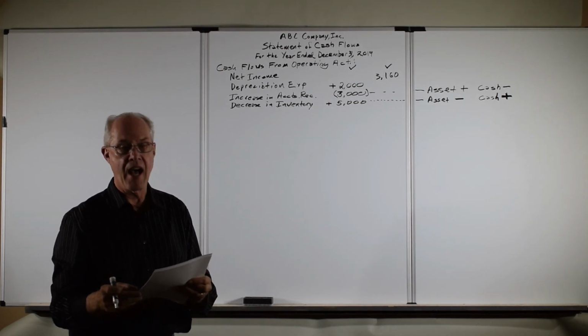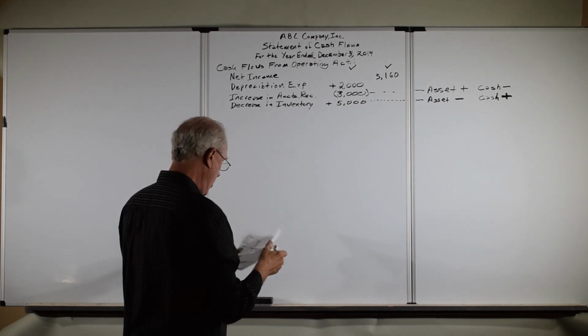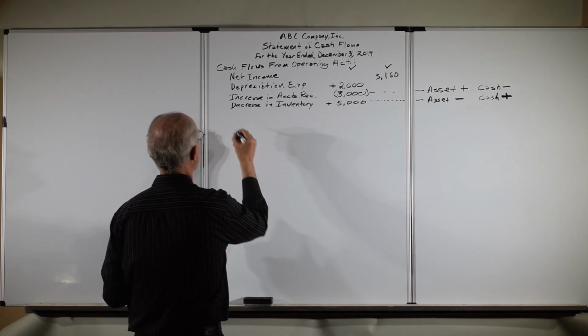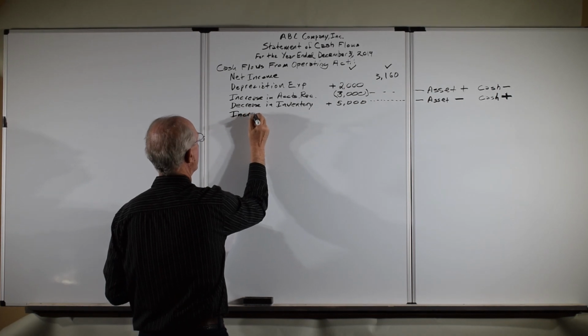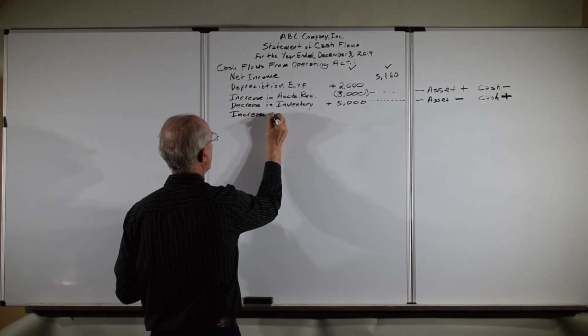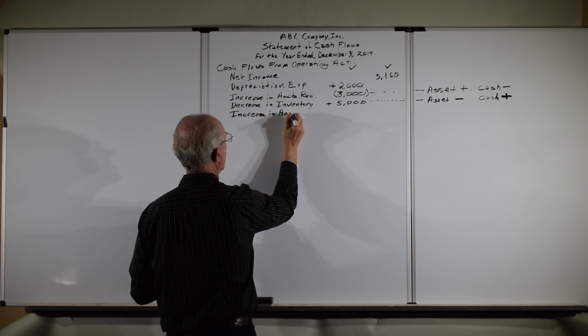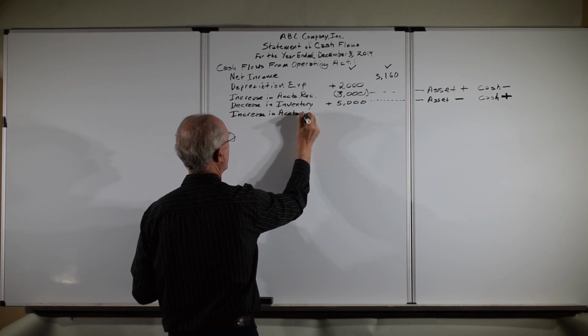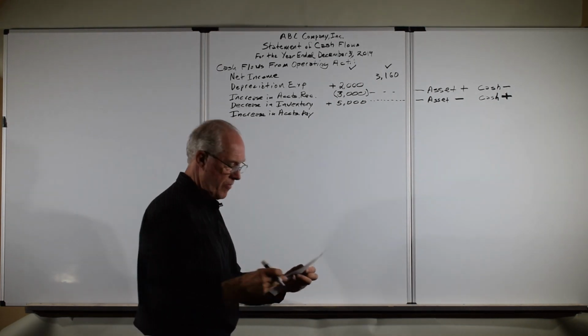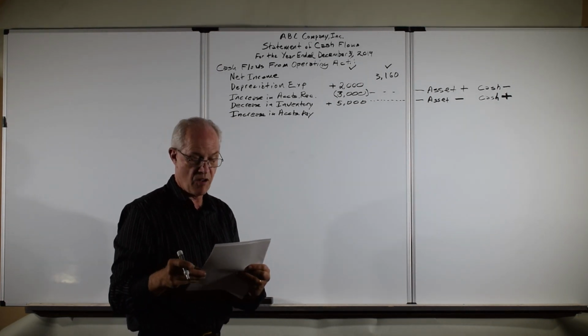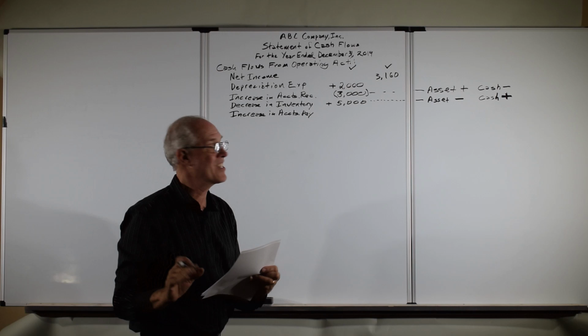The next thing we've got is accounts payable. We've got an increase in accounts payable. It went from $8,000 to $14,000, an increase of $6,000.